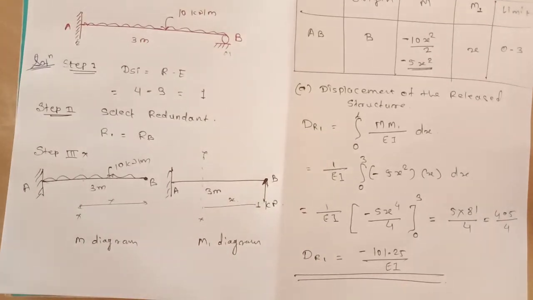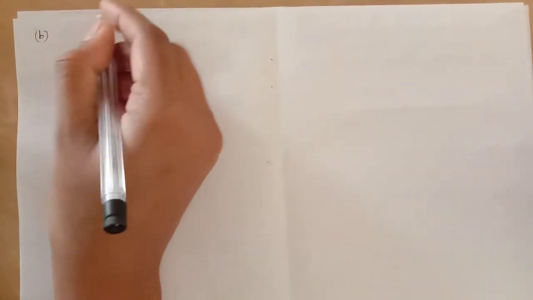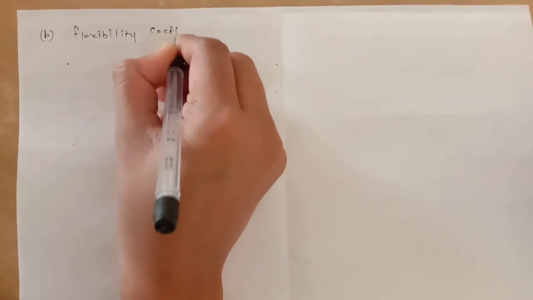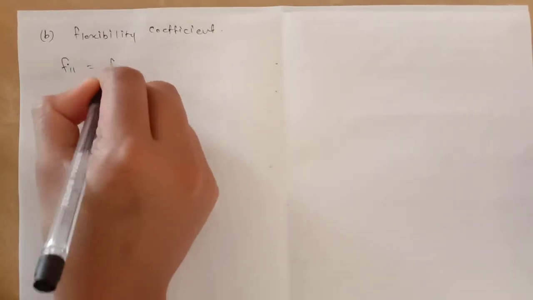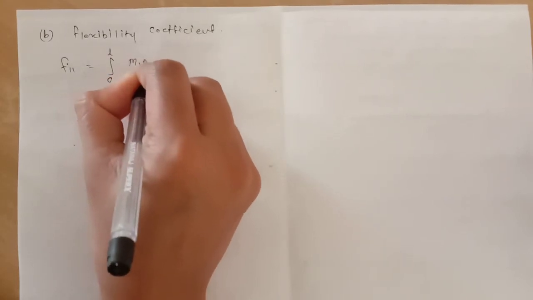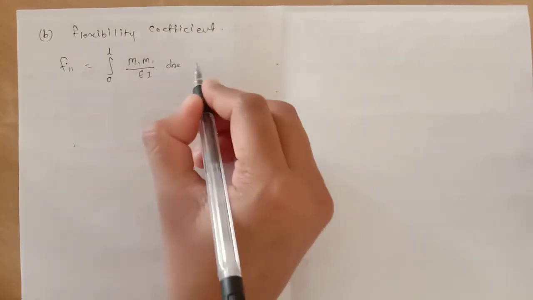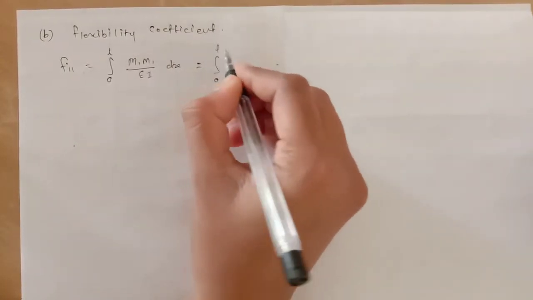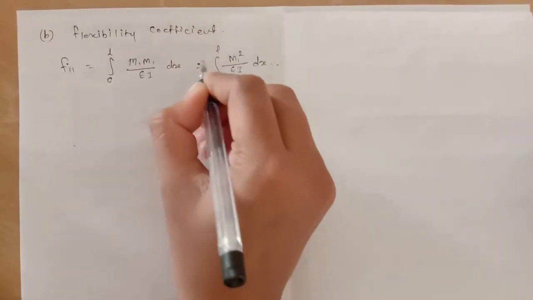Then next, at point B is the flexibility coefficient. So f11 is equal to the integration, limit 0 to L, of m1 into m1 divided by EI into dx, that means m1 squared.